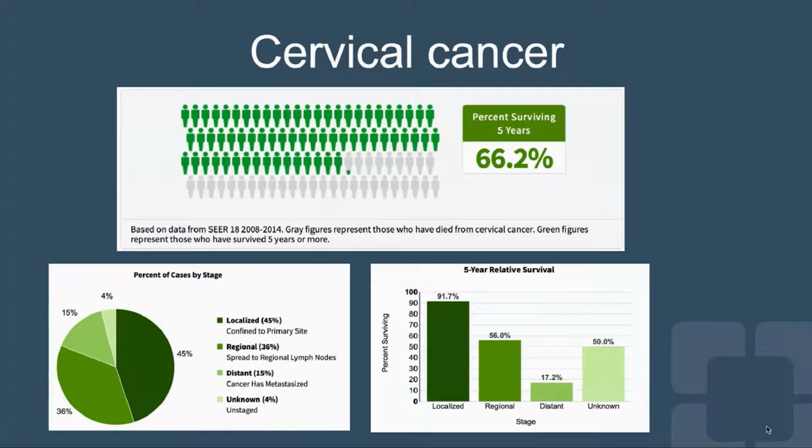Cervical cancer, as we discussed, when it's localized, has a really good 5-year survival rate, but not quite as good when it's spread more distantly. It's 66% versus the 81% when looking at endometrial cancers. So distant or regional spread has worsening prognosis.